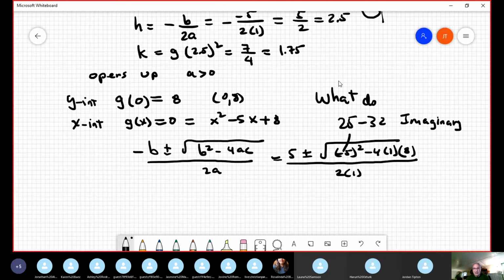Exactly. The thing I try to find doesn't exist. So my parabola never crosses the x-axis. Okay. I have enough information to start.